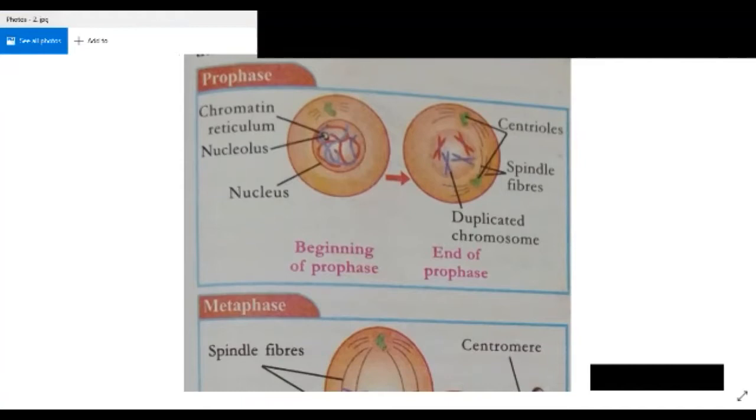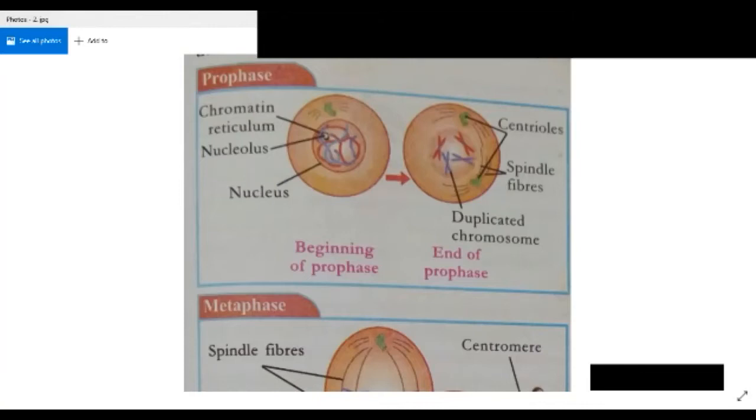In the beginning of prophase, chromatin reticulum is present in the nucleus, and the nucleolus and nucleus are present. After the end of the prophase, the chromatin reticulum will condense to form the chromosomes, and the spindle fibers will also be formed.